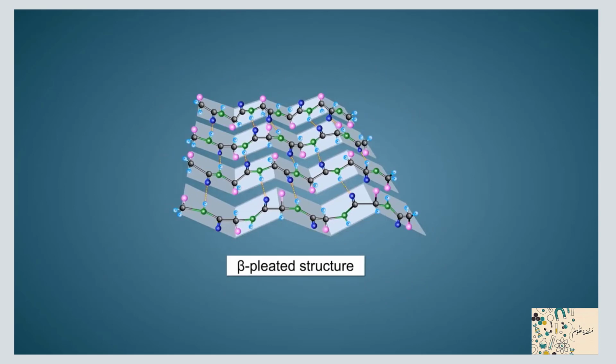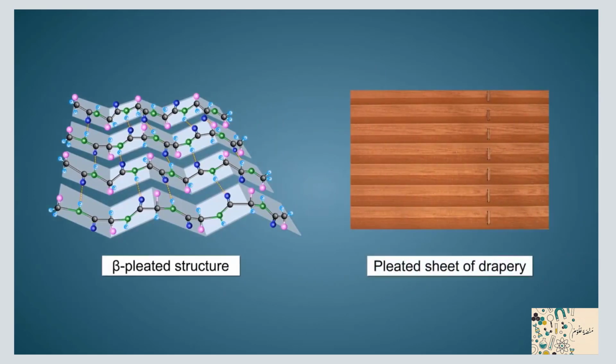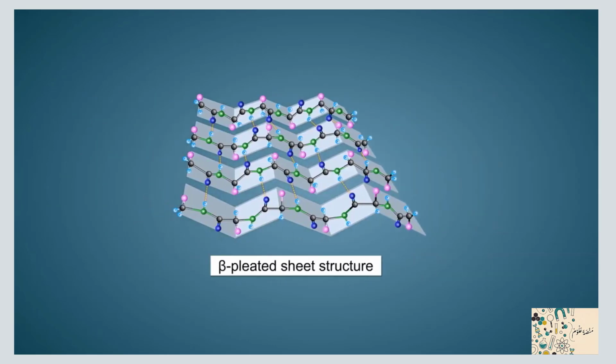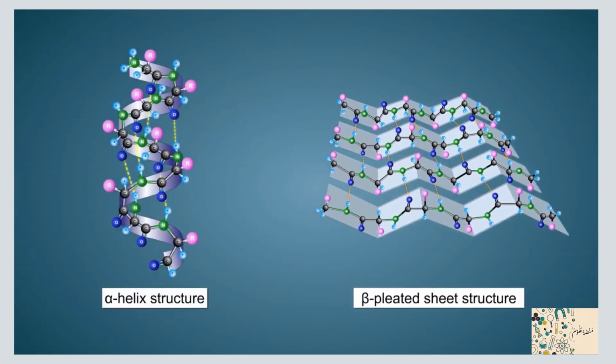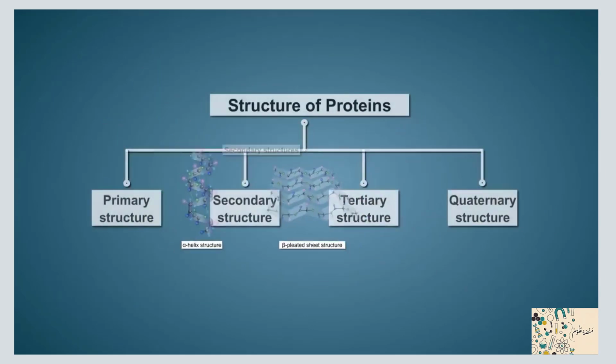This structure looks similar to the pleated folds of drapery. Therefore, it is known as beta pleated sheet structure. So, alpha helix structure and beta pleated sheet structure represent two different types of secondary structures of proteins.